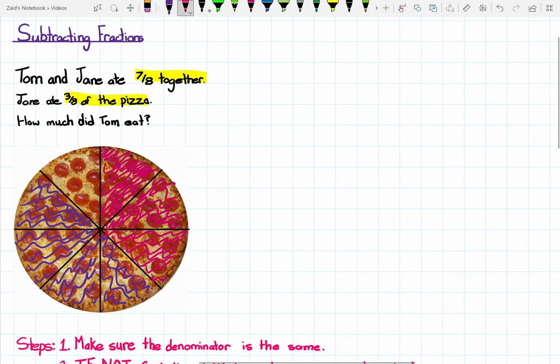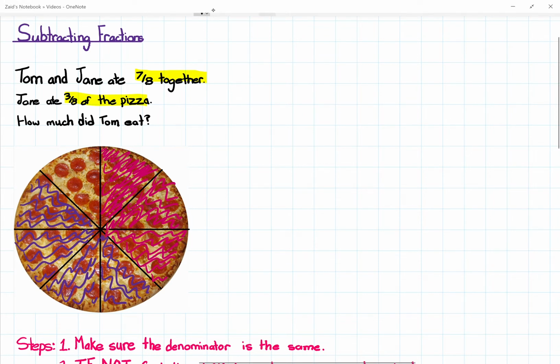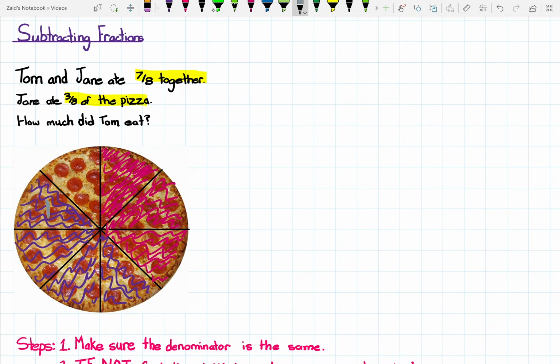So let's see. We have 1 slice that Tom ate, 2 slices that Tom ate, 3 slices, 4 slices that Tom ate.